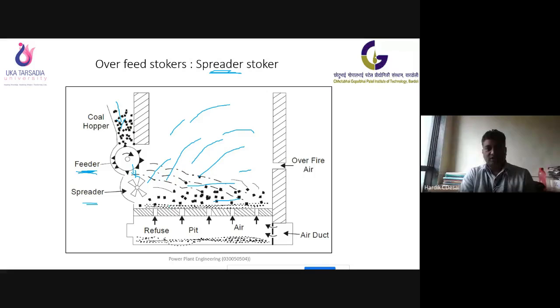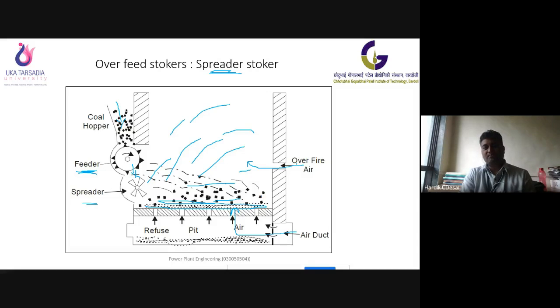After this, fuel will be collected on this bed, that is your grate. You are having the air duct from which your air is going to be supplied. This air will react with this fuel, as per the principle we have seen in the overfeed stokers. We were having different gases, and to have complete combustion of these gases we will provide the secondary air from here.